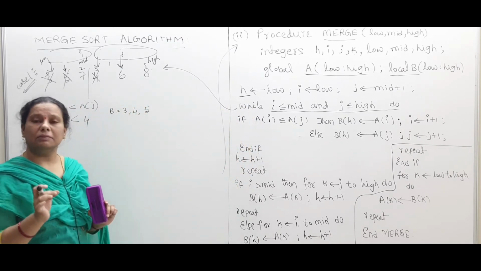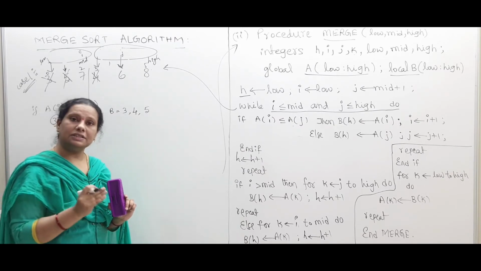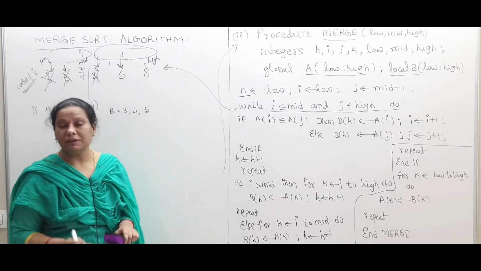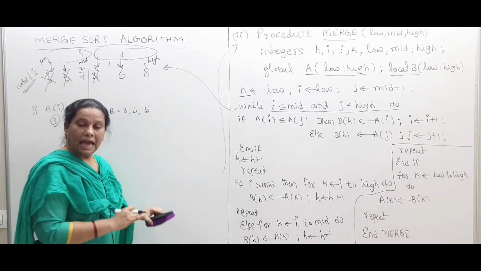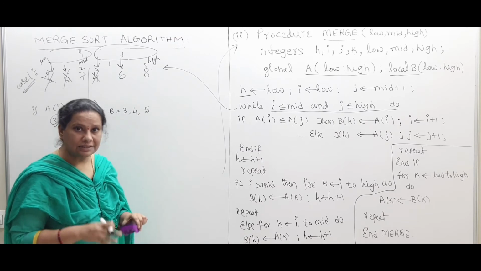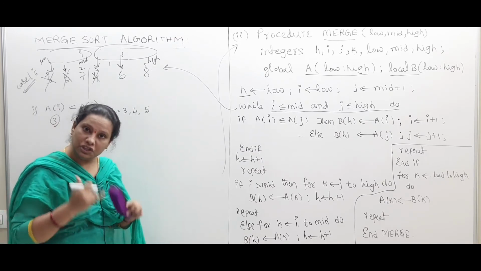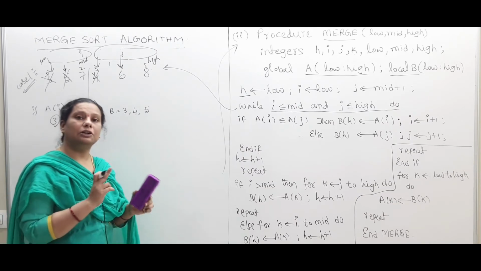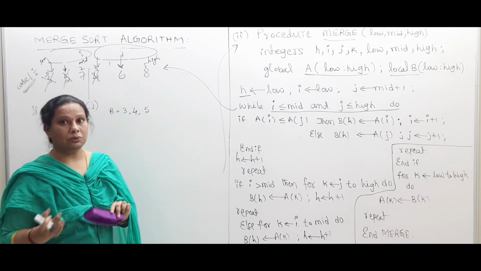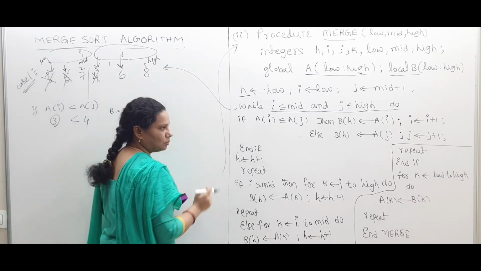Case 1 is simply: compare A of I and A of J, whichever has the lesser value, transfer that value to B and increment that position. If A of I is less, increment I to indicate the next position. If A of J is less, transfer it to B and increment J to represent the next position. This is about your case 1.